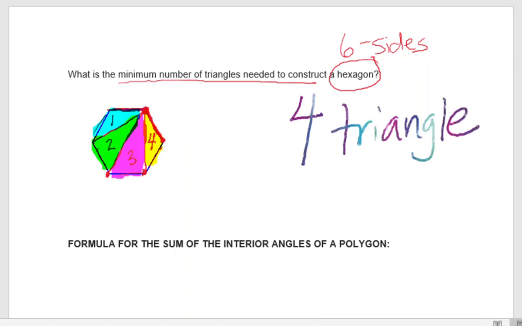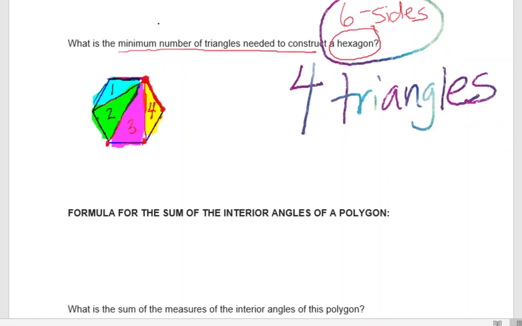There's a pattern, and no matter what's the number of sides, so here we had a hexagon which was 6 sides, the number of triangles that can be formed is always 2 less. So that leads us to a formula to be able to figure out what all the angles inside this hexagon add up to.